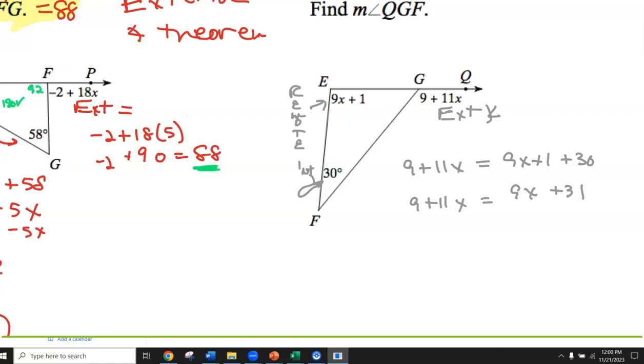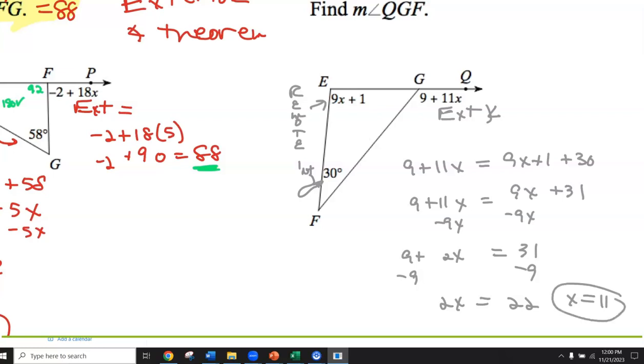What will I be doing? I think I'm going to move this over here. That gives me a 2x. 9 plus 2x equals 31. Minus 9, minus 9. 2x equals what? 31 minus 9 should be 22. That's going to get me x equals 11, which is good, but they want QGF.